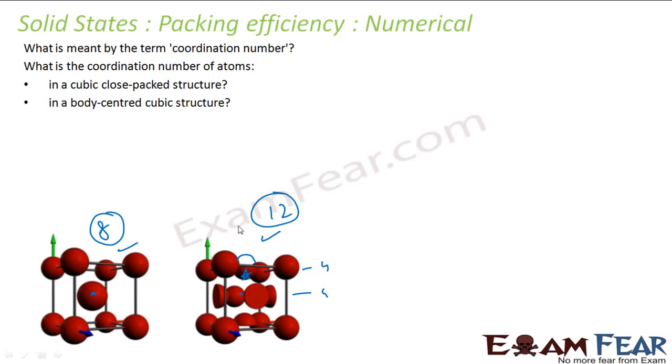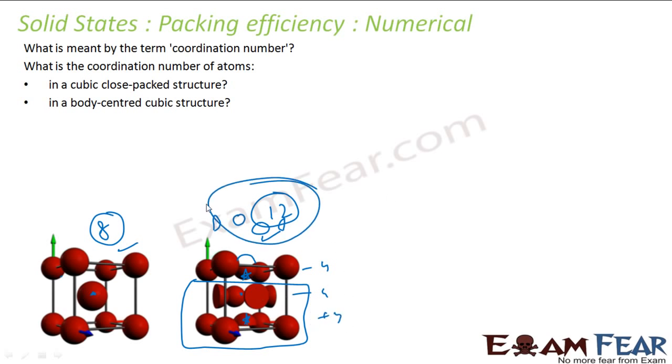Now this will also be in touch with the next 4 face centered here, because there will be one more cell above it. You copy this whole part and paste it on top of this and visualize it, because this atom will merge on this, and you'll see it is touching 4 more here, correct? So plus 4, plus 4, plus 4, that is 12. So it has coordination number of 12.